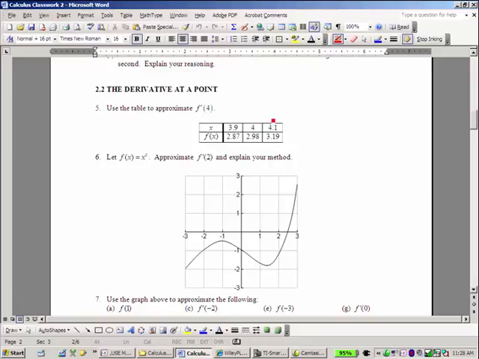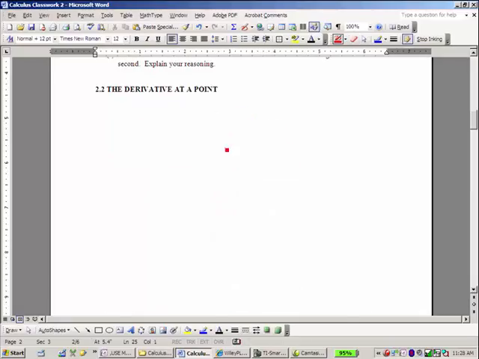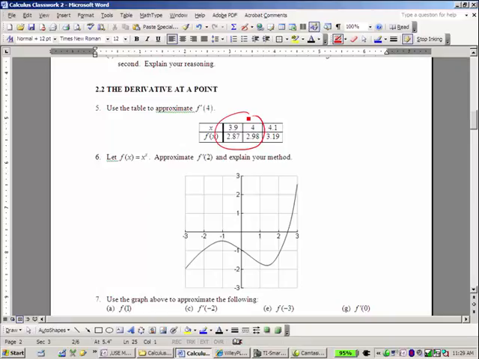If you use these 2 points, we say that it's a right-hand approximation because it's 4 and a little bit above 4. If we were to change our minds and use these 2 points, it would be a left-hand approximation.